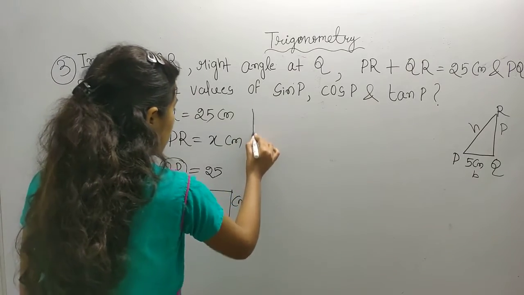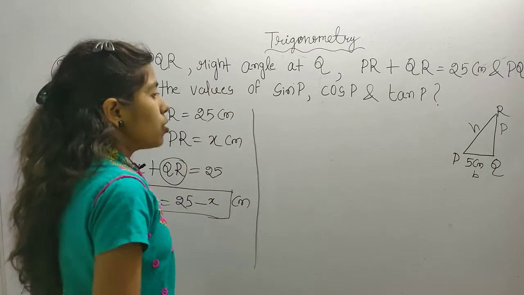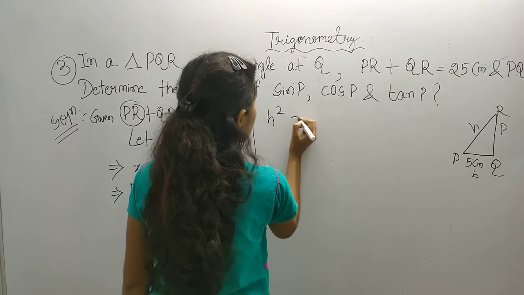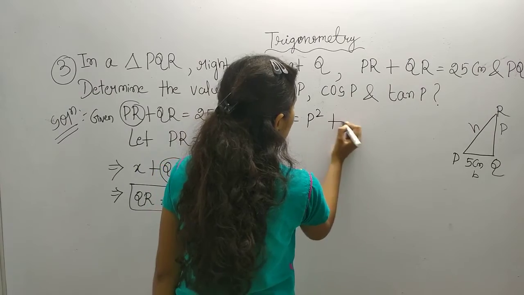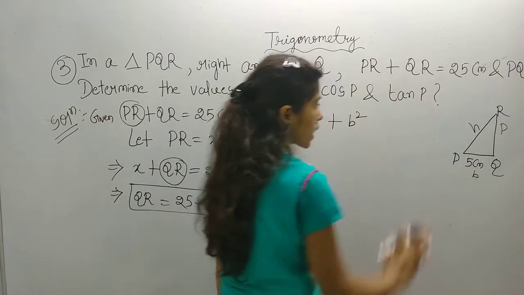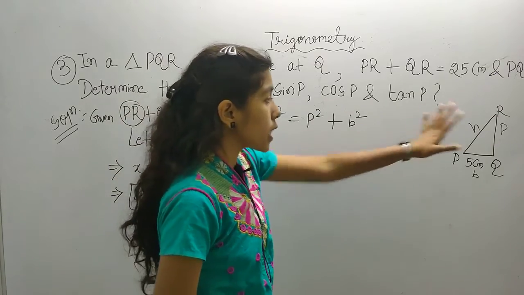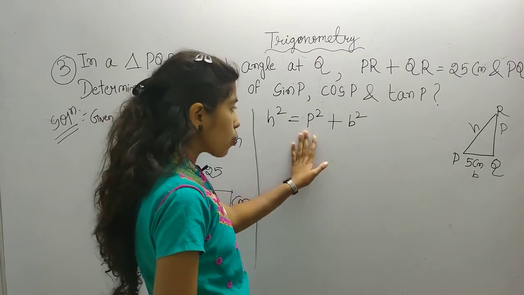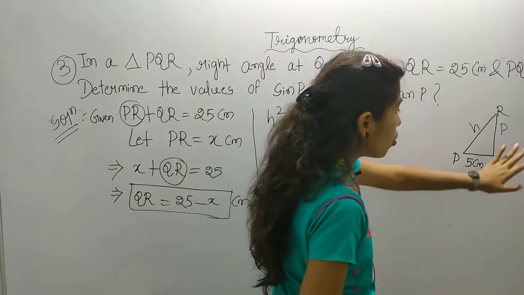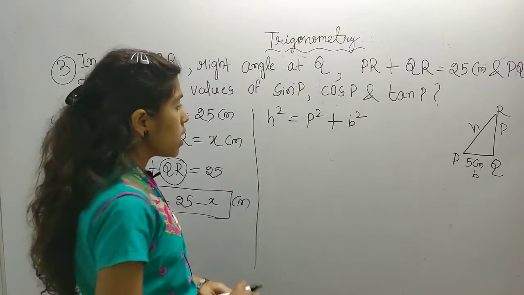Now let's move to the triangle. We already know the formula of a triangle is h square equals p square plus b square. It means the hypotenuse is the longest side of the triangle, and the square of the longest side is equal to the sum of the squares of the two smaller sides, that is perpendicular and base.